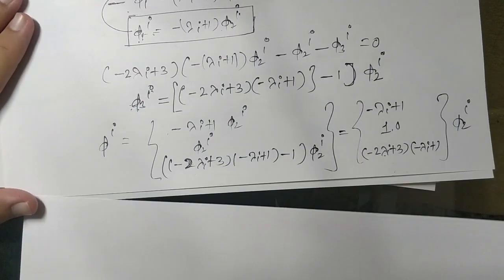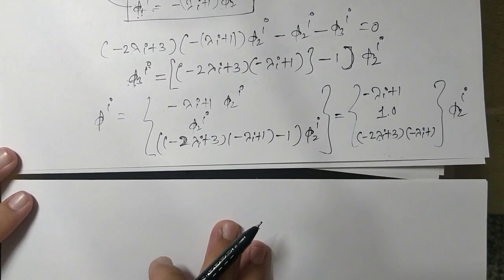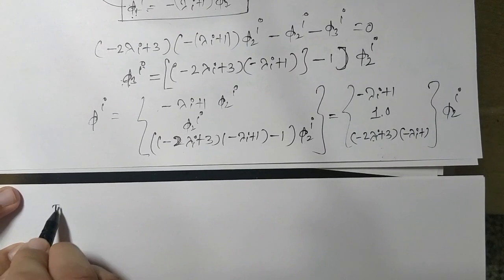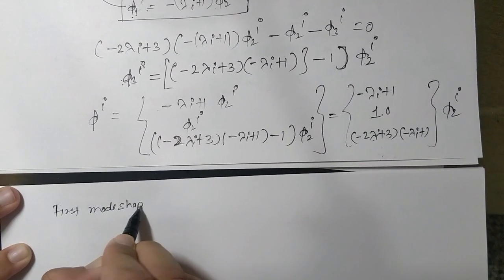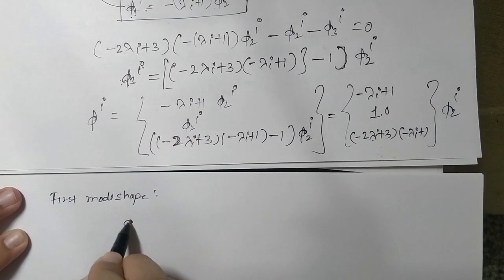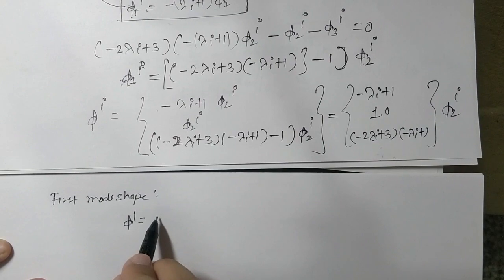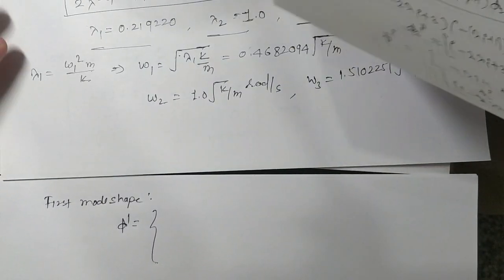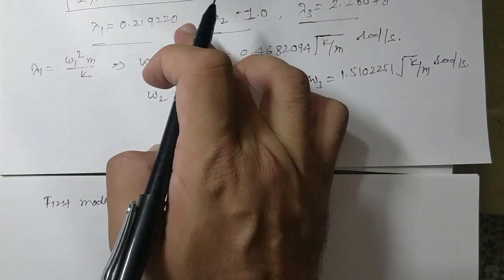So our first mode shape, phi 1, equals to the lambda 1. Already we know the value of lambda 1. So lambda 1 is equal to 0.219220.